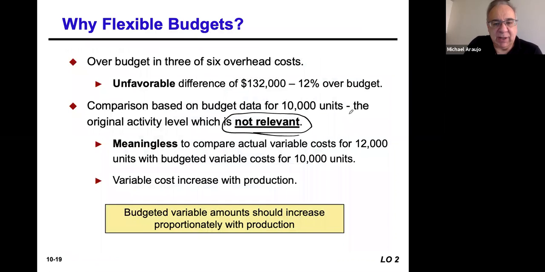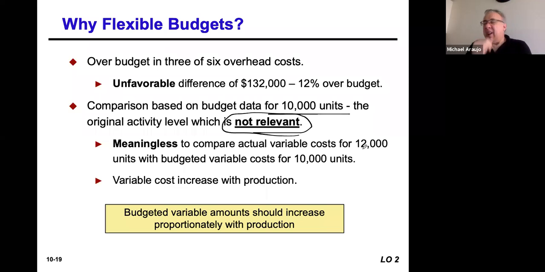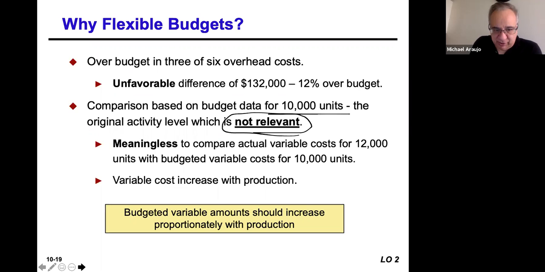It's not relevant to compare production costs for 10,000 units with 12,000 units of actual production. So it's really not the best way to find out if you're doing well. The best way is to produce a flexible budget where you can see what you budgeted for at 12,000 units and what actually happened at 12,000 units.